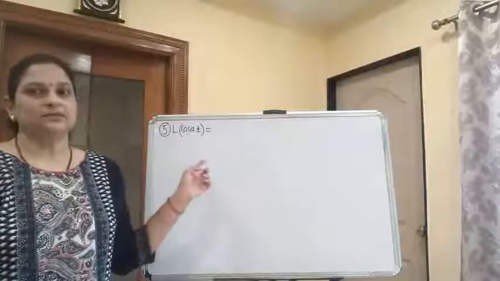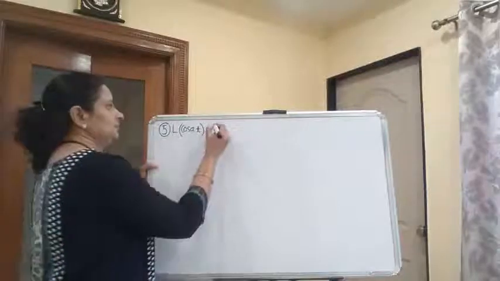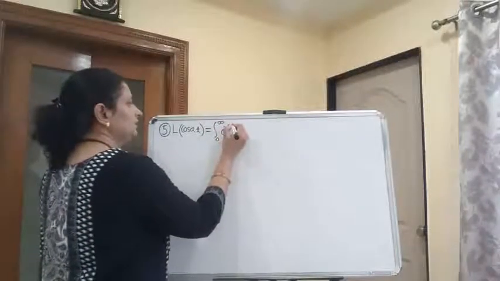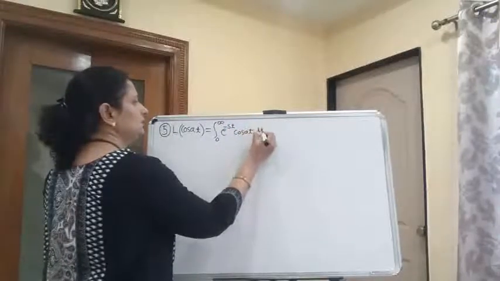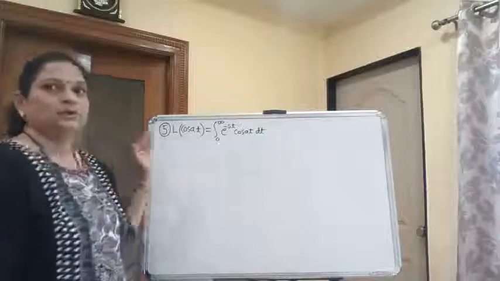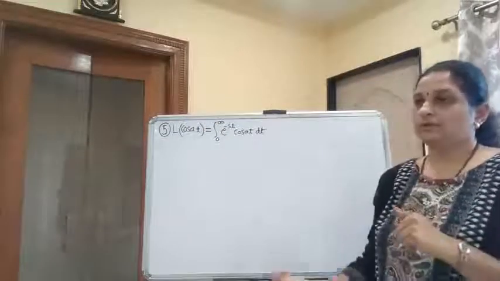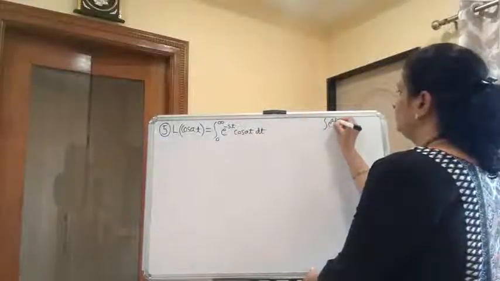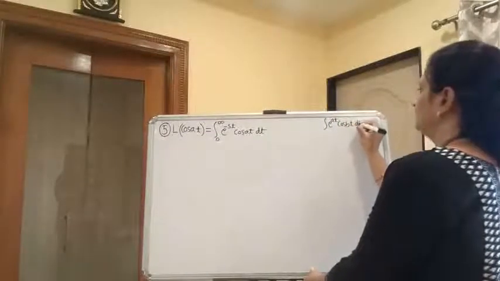Next is Laplace transform of cos at. Using the definition of Laplace transform, it is integral 0 to infinity e power minus st cos at dt. To evaluate this integral, we make use of the basic formula of integration, that is integration of e power at cos bt dt.